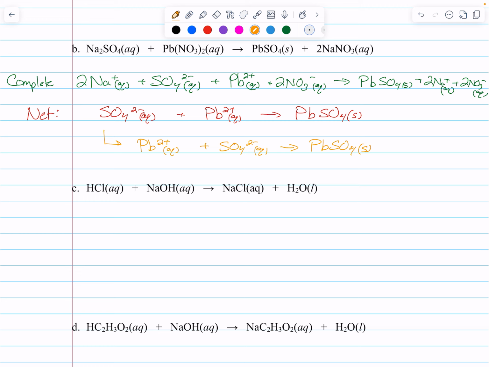HCl, NaOH, what's that? So in our complete equation, hopefully you recognize HCl is a strong acid, and we have a strong base. We have a salt, and of course water. So our strong acid, H plus AQ plus Cl minus. Strong base, ionic and aqueous, Na plus AQ plus OH minus AQ.